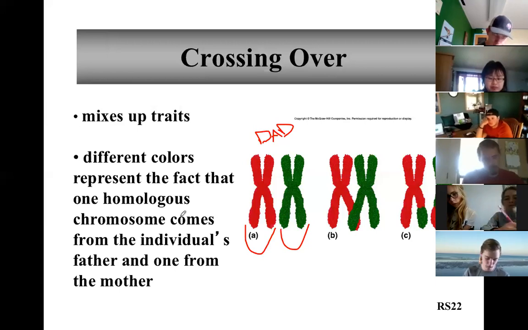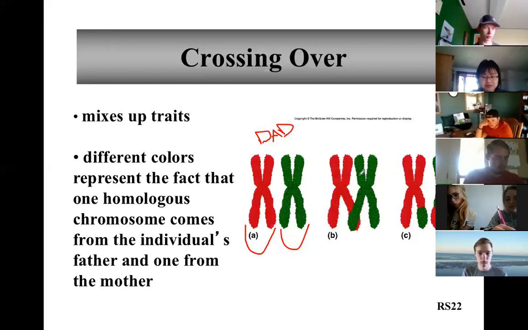So already the genetic diversity you have is mind-bogglingly, ridiculously diverse. What makes it more mind-boggling is this concept right here. When these guys got together during prophase and the chromosomes were all tangled up and we were getting them untangled, you can get a concept called crossing over. And this is super neat. A piece of granddad's chromosome will break off and attach itself to grandma's chromosome. And the corresponding piece of grandma's chromosome will attach to grandpa's chromosome.